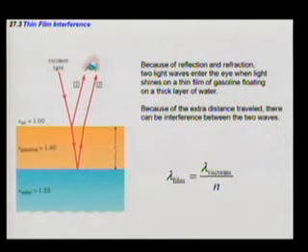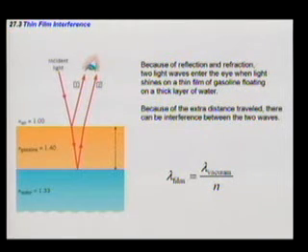Here's what happens. We're going to look at these boundaries, right here and right here. Now, this next slide tells you how to break down what's going on at these two boundaries. Oh, by the way, the wavelength in the film is equal to the wavelength in a vacuum divided by the refractive index of the film.